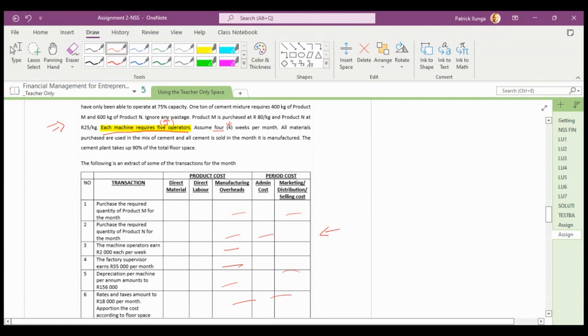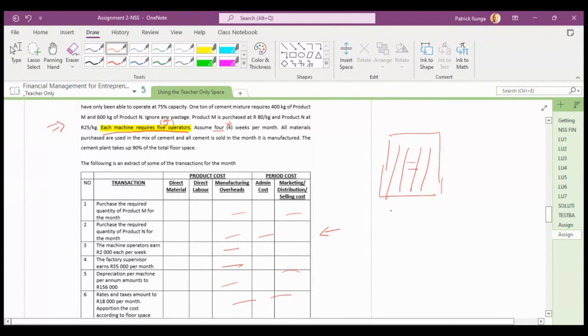Also, just like we said for question 1, you have the table. Especially for this question, you will be filling out the table first to know which cost falls within which category.